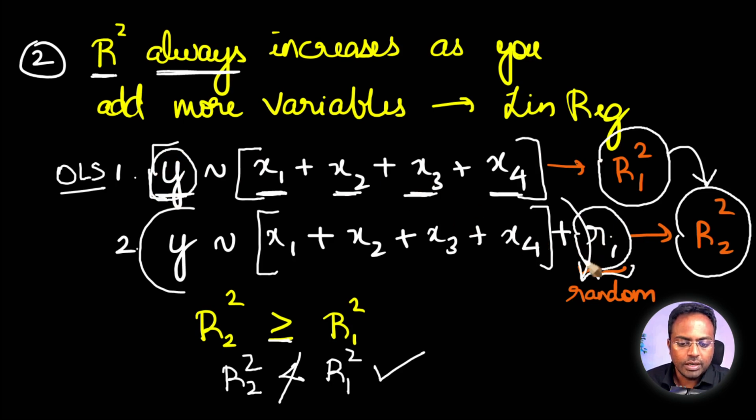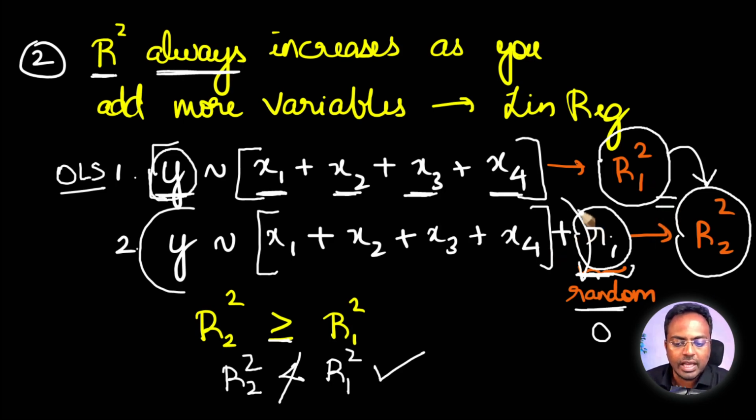It will decide the coefficients in such a way that it tries to improve what it's already having. In the worst case scenario, if this is completely random, with no pattern absolutely in it whatsoever, it will try to make the coefficient of this newly introduced random term 0. As a result, the remaining coefficients will be unchanged, and your R2 square will be equal to R1 square. That's the worst case scenario that could happen.